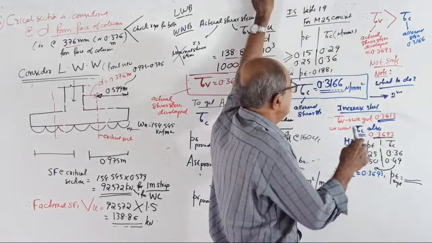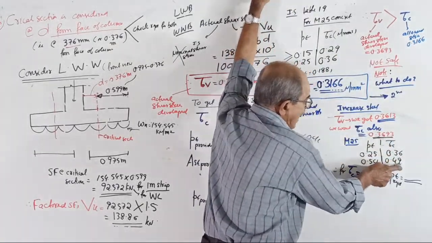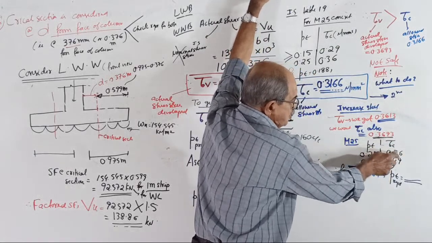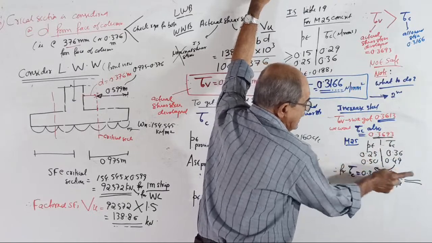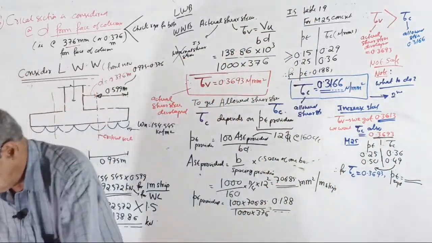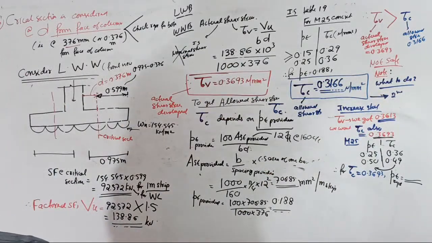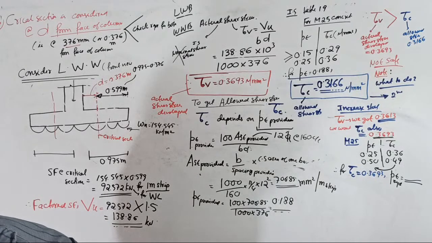For 0.36, 0.25, 0.4, 0.49, 0.5. To get here 0.3693, tell what is the PT required. Interpolate in the reverse direction.